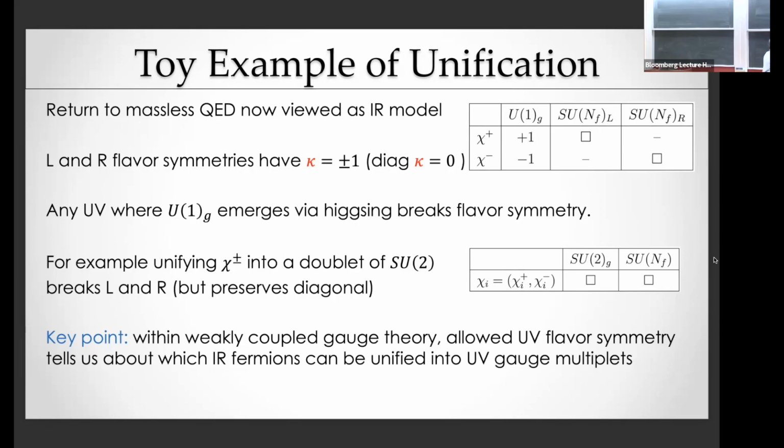And the answer is no, because of this. So this tells us we could not have a UV gauge model, no matter how complicated, where chi plus and chi minus remained separated and there were flavor symmetries acting on them individually. That would not be allowed.